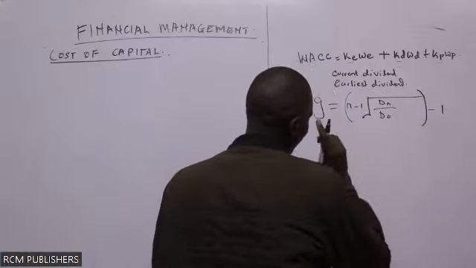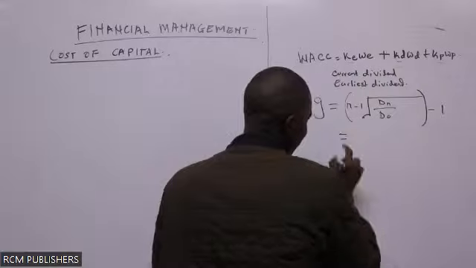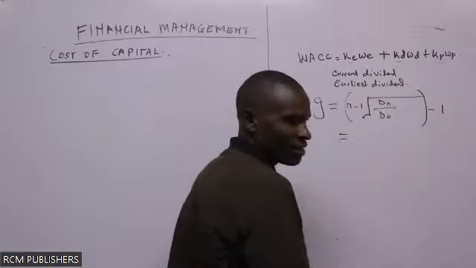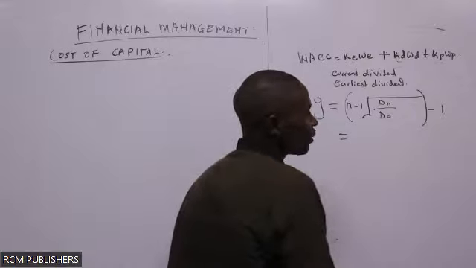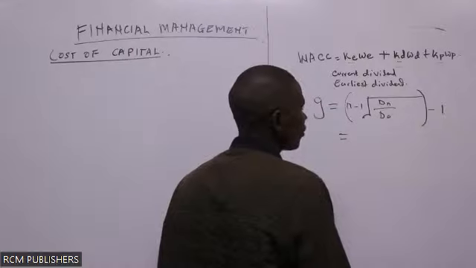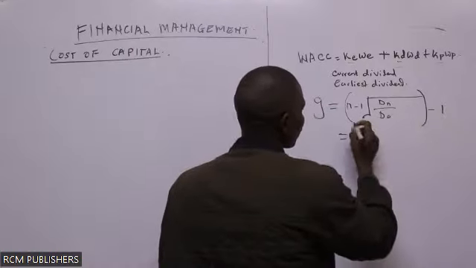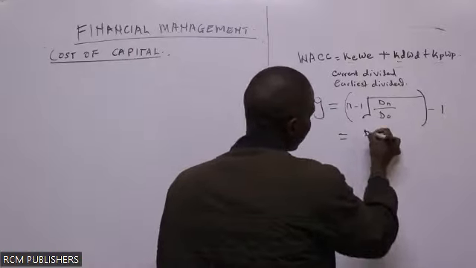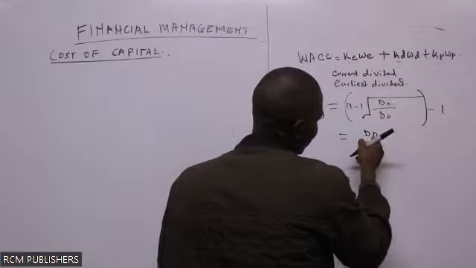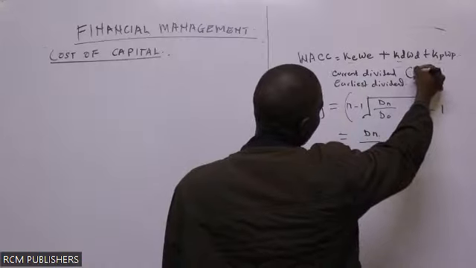And then we also have another formula. Please, I told you that this is a golden formula, because expect that the examiner will require you to come up with growth. Another formula for getting growth is Dn over D0, where Dn represents the current dividend.